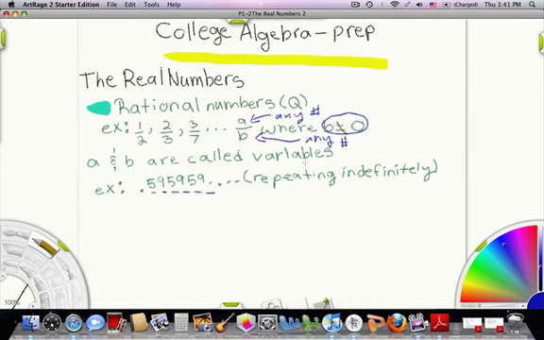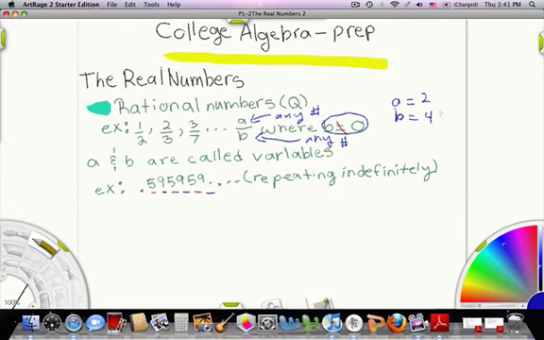So what is a variable? A variable is pretty much a letter that takes the place of a number. Let's say a equals 2, b equals 4. So a and b are both variables and they equal some number.